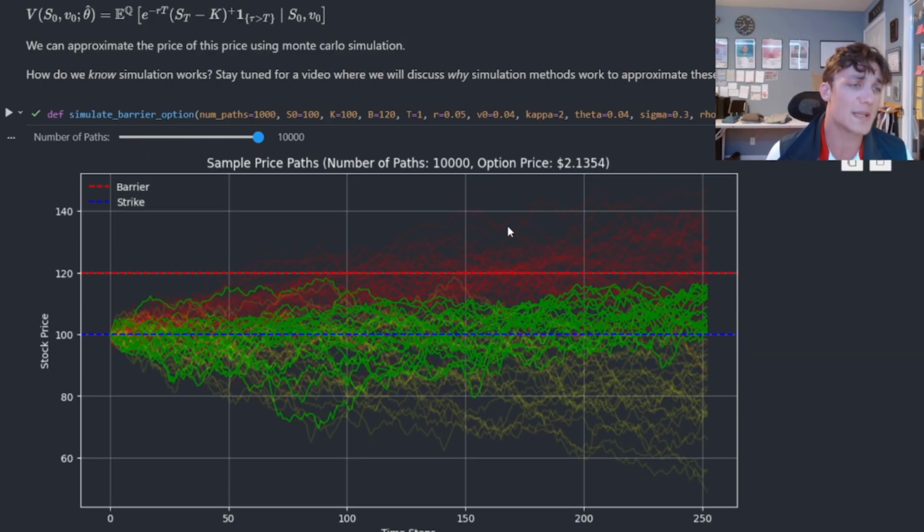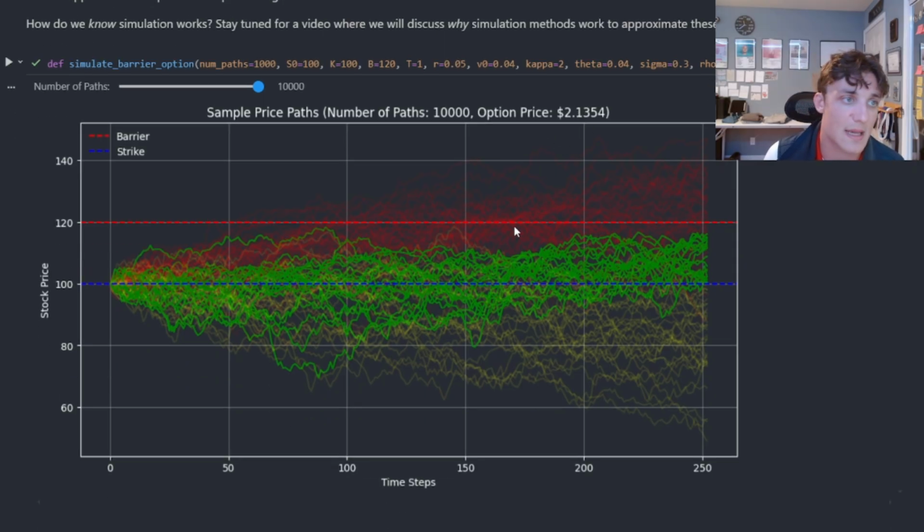As I increase the number of paths, I'm going to get a more and more accurate price. What did we say at the start of this video? This certainly has to be worth less than a European call option without the barrier, right? Because we have that risk on the upside now of it expiring worthless. So let's take a look at a European call in this Heston framework. I have the barrier price here, and this is the price of our exotic. It is going to be roughly $2.13 in this case.